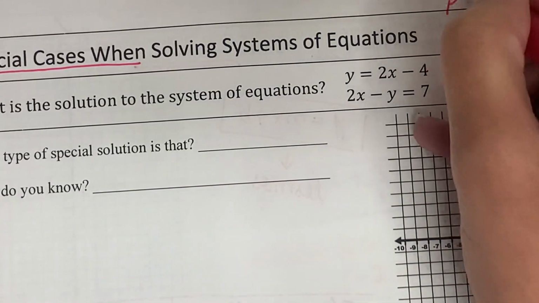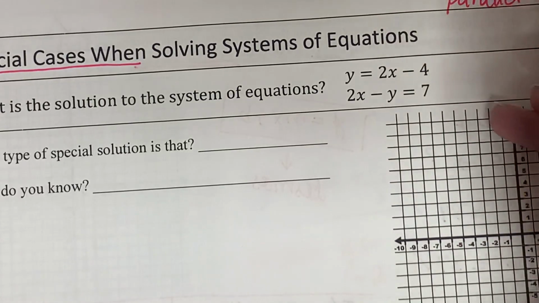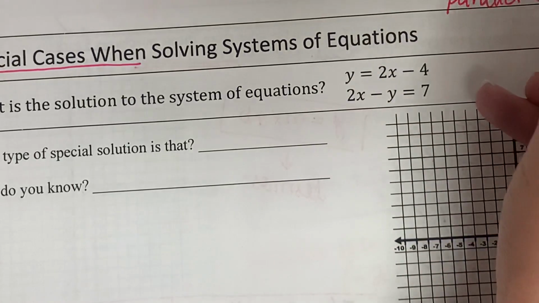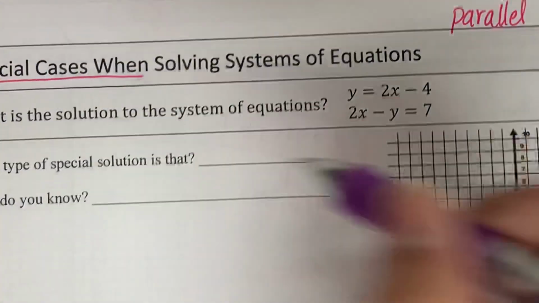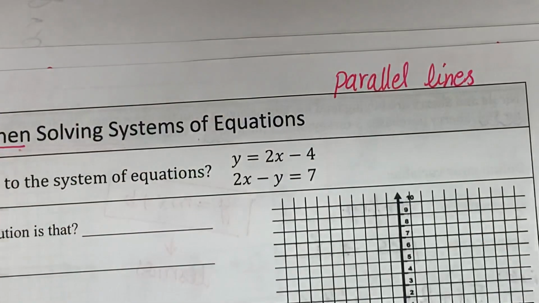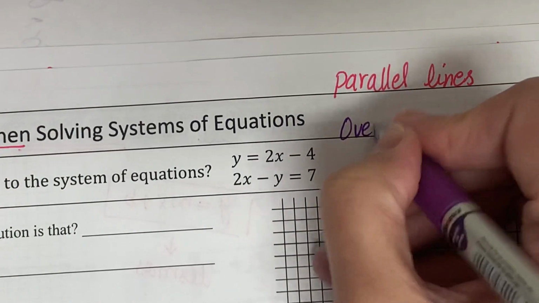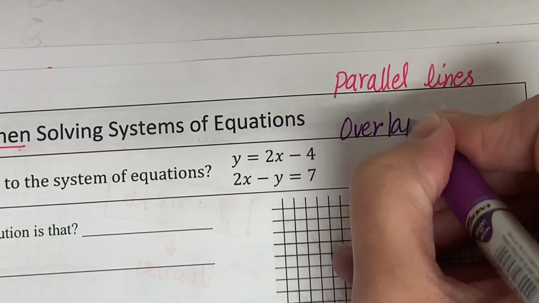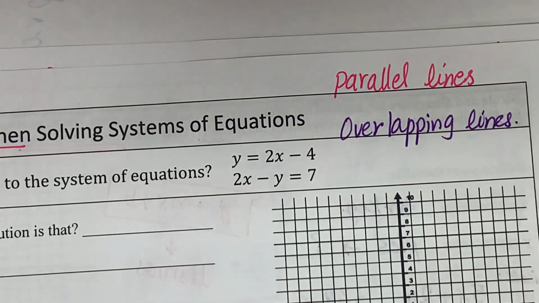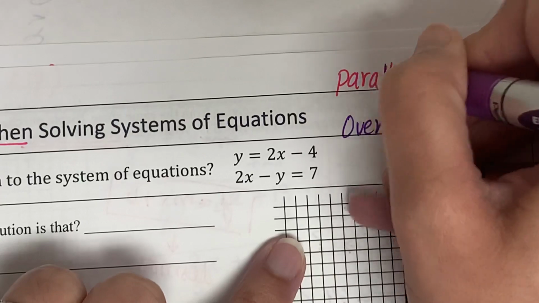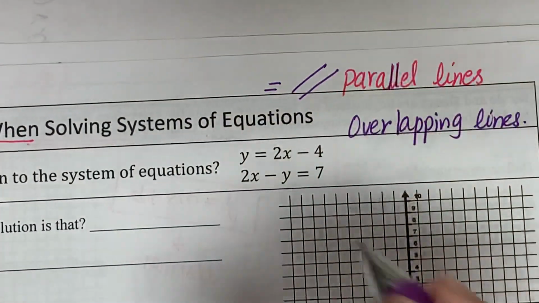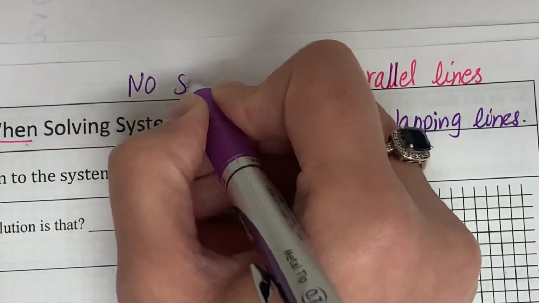You are either going to have parallel lines, which is your first special solution, or overlapping lines. Parallel lines are like this, they never meet, so they never have any solution. So no solution for them.